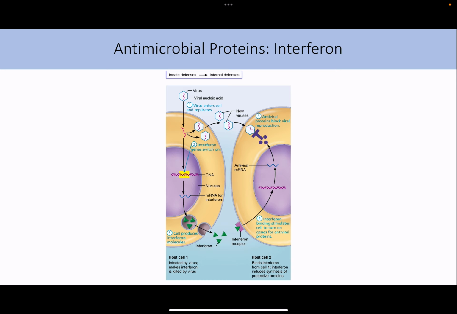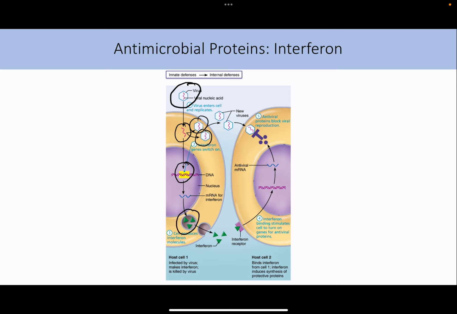So how it works, what you're seeing here is here's a virus. Okay, it enters the cell and starts making copies, which can then possibly go and infect a neighboring cell. Okay, but what ends up happening when the virus enters the cell, it causes a gene to be activated within the cell, which causes the cell to then do transcription and translation to produce something called an interferon.